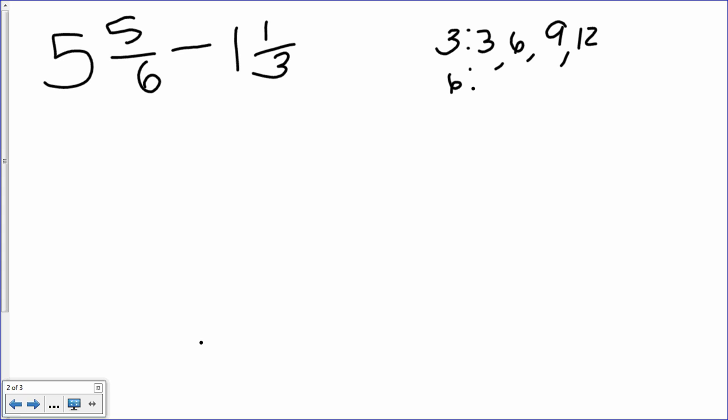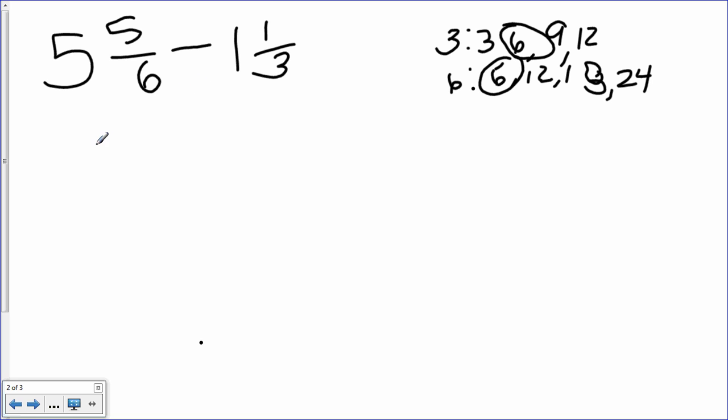That would be 6, 12, 18, and 24. I look at these sets of multiples and say, okay, what is the smallest one they have in common? And that would be 6. So my common denominator has to be 6.